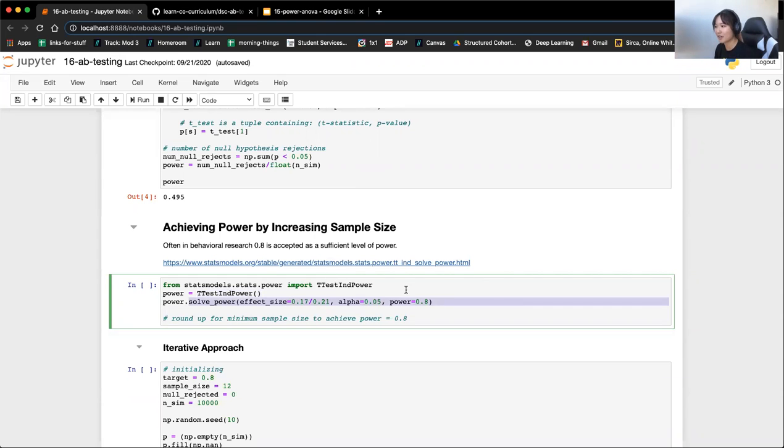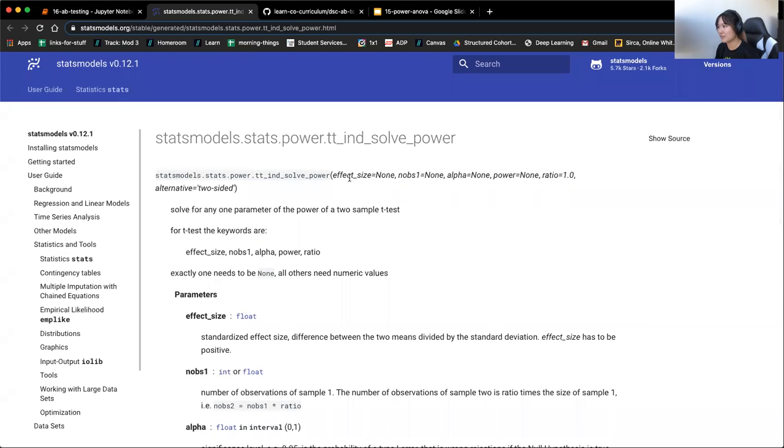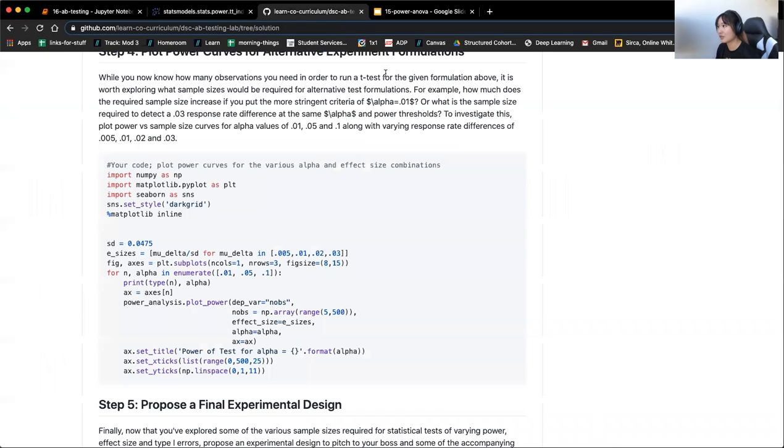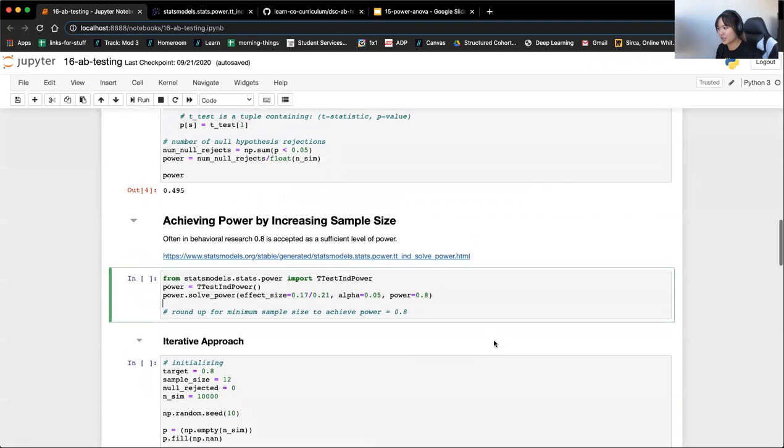So in the solve power documentation that we have here, you can see that you can give it all of these parameters: effect size, nobs, which is the number of observations, alpha, power, and a bunch of other things. Basically it will solve for any one parameter of the power of the two-sample t-test. So right here, all we need to do is plug in the values that we had as constraints.